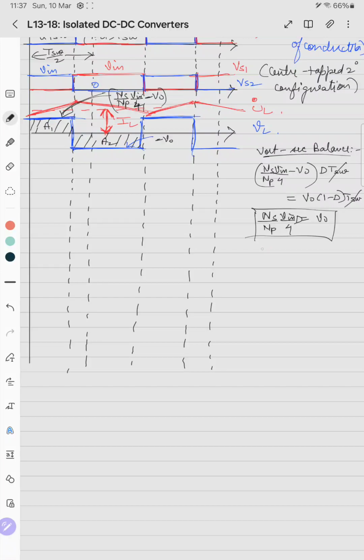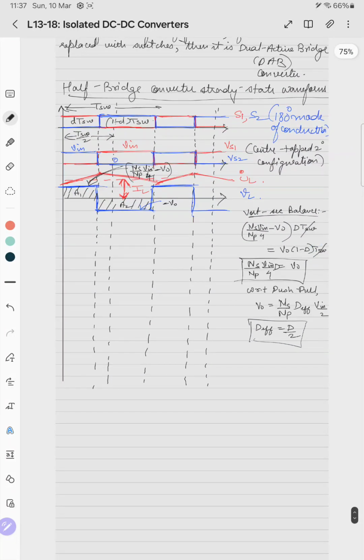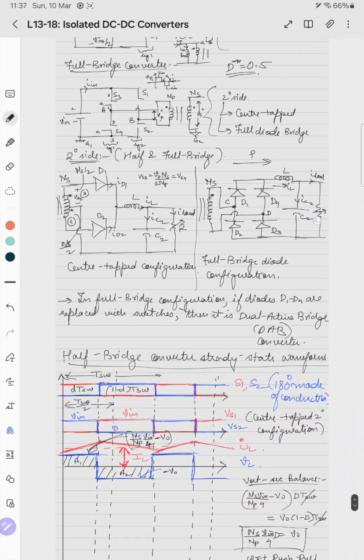So if we compare with respect to push pull, what we get is that V naught is Ns by Np into D effective into V in. In this case D effective is D by 2 actually, because in push pull it was V in, and in this case it can go up to V in by 2.